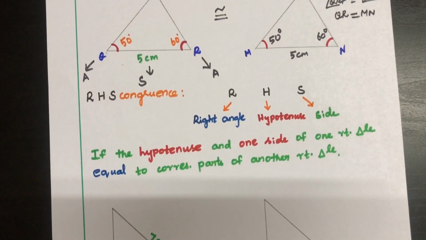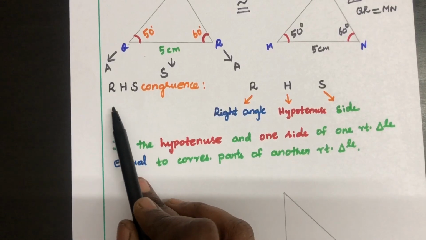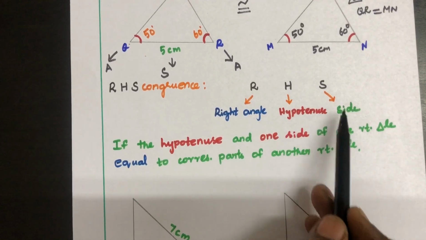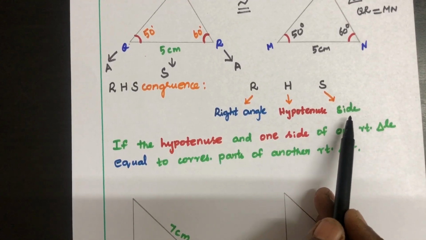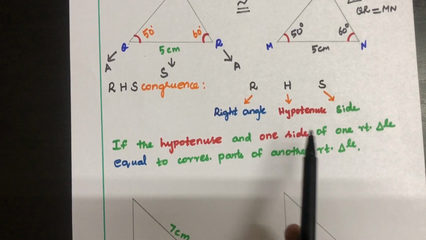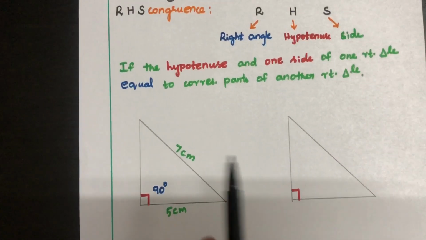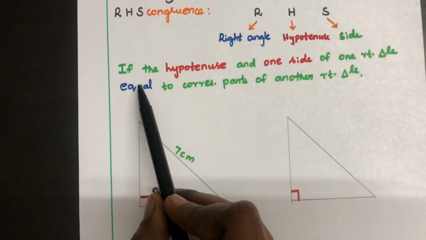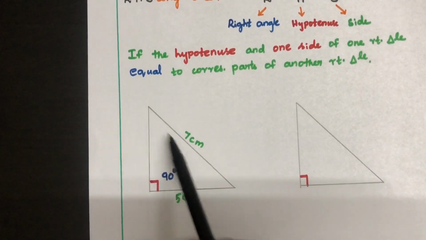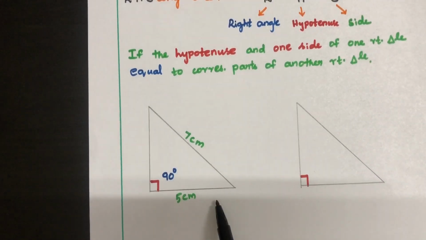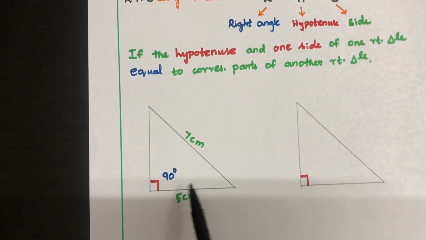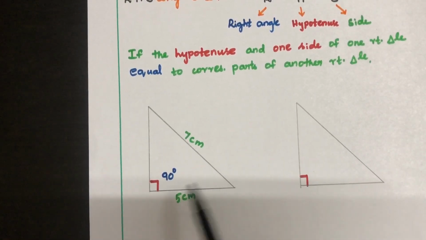That's all. Next, RHS congruence. What is RHS? R means right angle, H means hypotenuse and S means side, one of the sides. In both triangles, if these criteria hold, then it is called RHS congruence. Let's see with an example. If the hypotenuse and one side of a right triangle, right triangle meaning a 90-degree triangle, are equal to the corresponding parts of another right triangle, then both are said to be congruent.